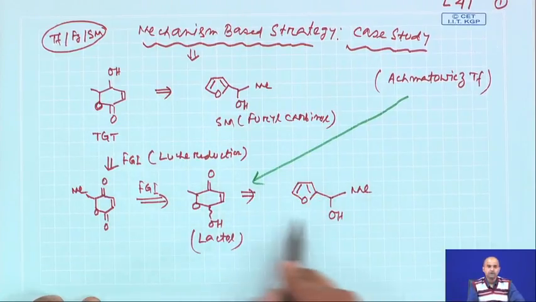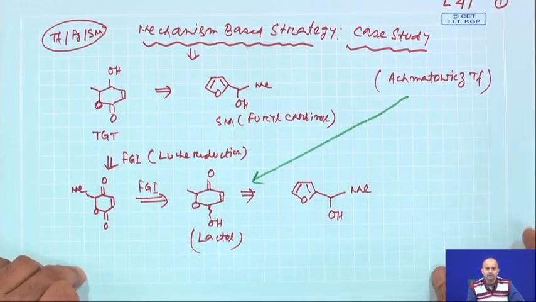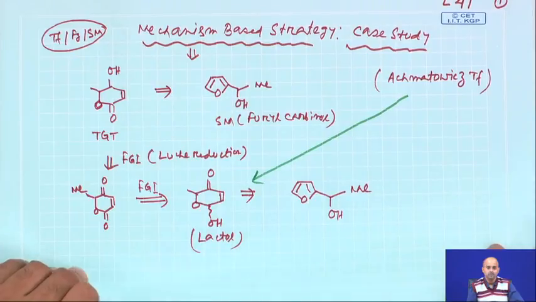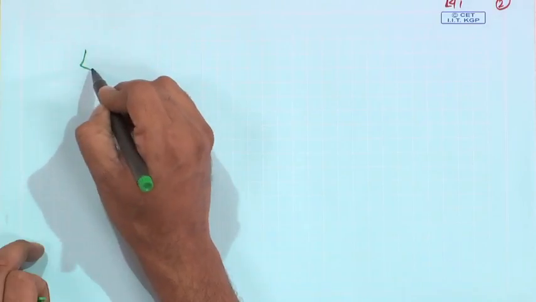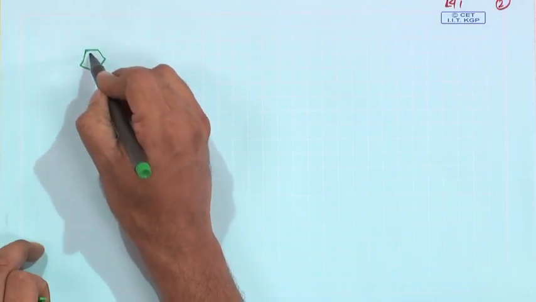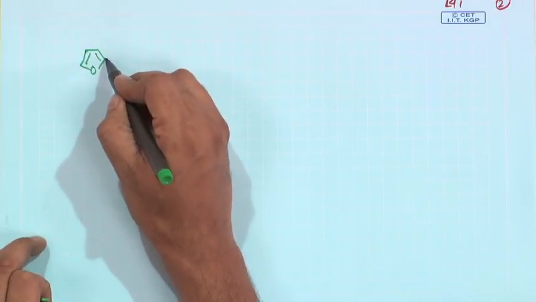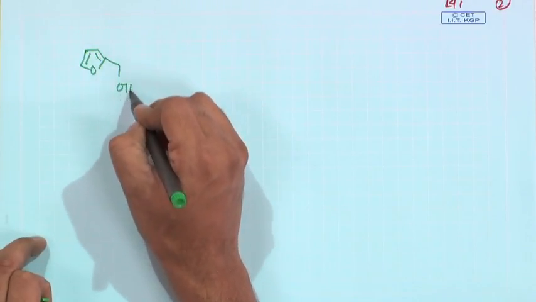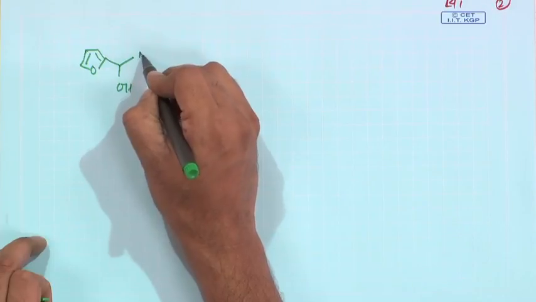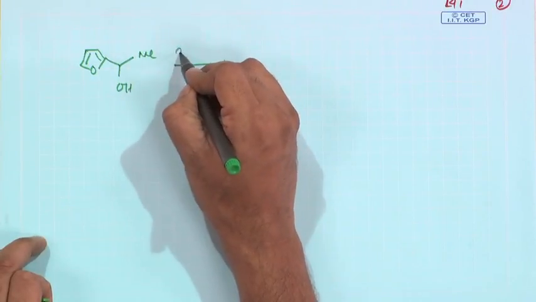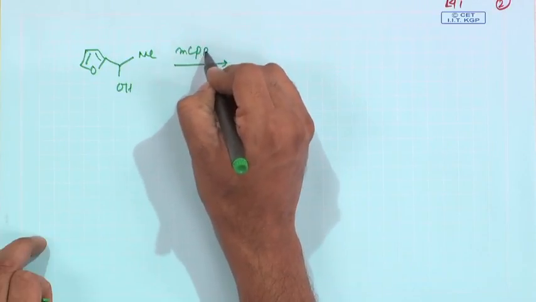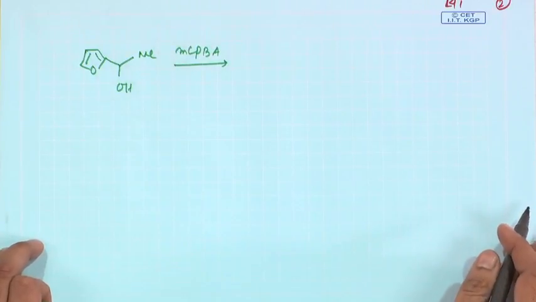Now, visualization is a bit difficult unless you know the mechanism very clearly. So, now we will try to explain how this mechanism is operating. We have probably explained it earlier, but still we talk about this mechanism. A furyl carbinol was taken and initially subjected to MCPBA, an oxidizing agent.